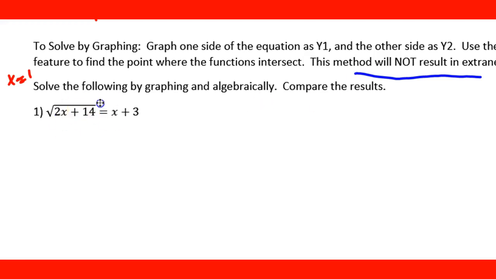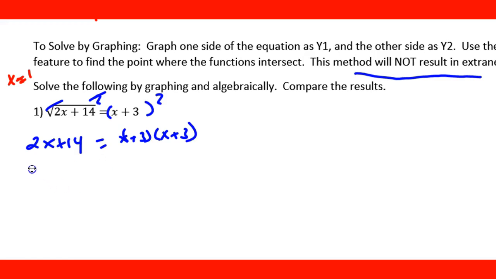So if you look, this left side, this whole thing is under a radical, so I'm going to square this whole side to get rid of the radical. So what I get is those are going to cancel out. So I have 2x plus 14. And over here, I have x plus 3 squared, which is x plus 3 times x plus 3.